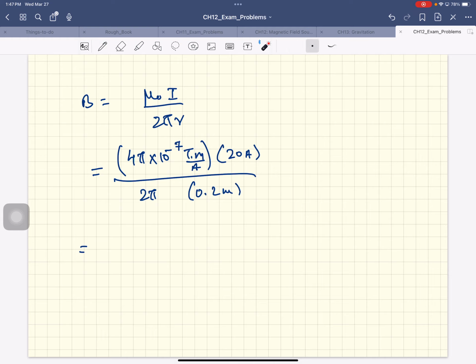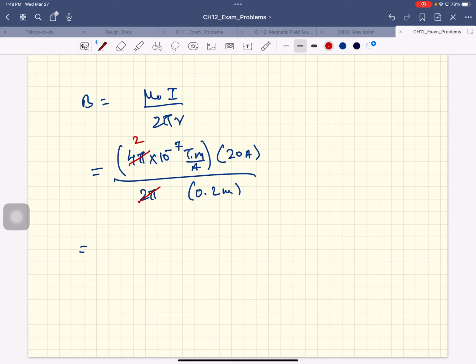All right, so this will cancel. That gives a 2. That makes it 200, and then the 2 will cancel, so that makes it 100, and 10 to the minus 5.